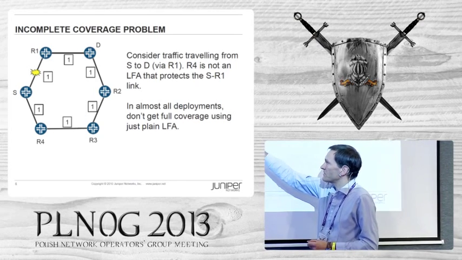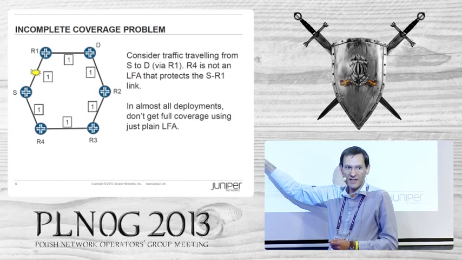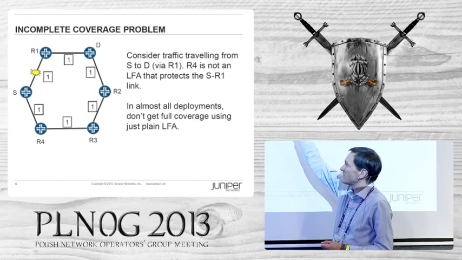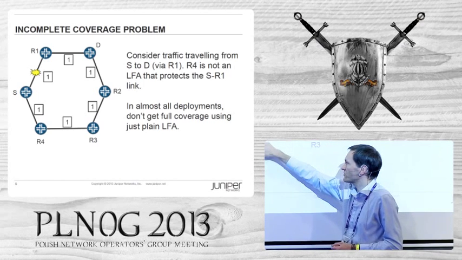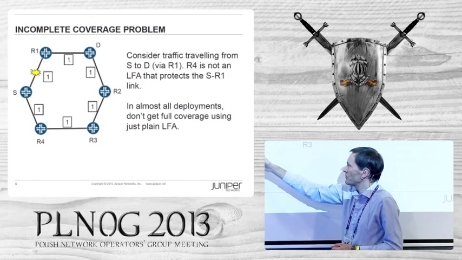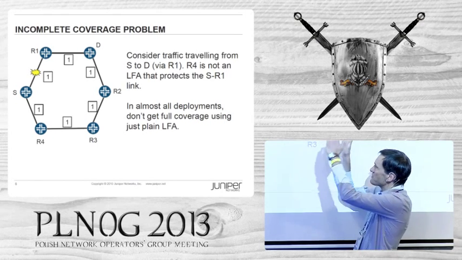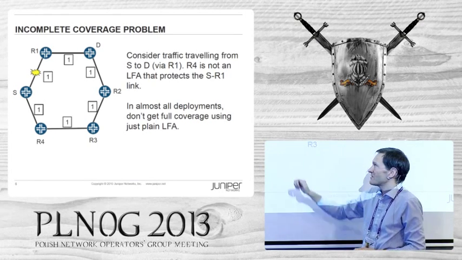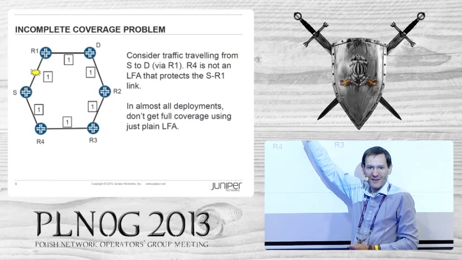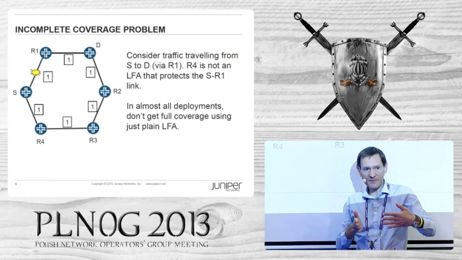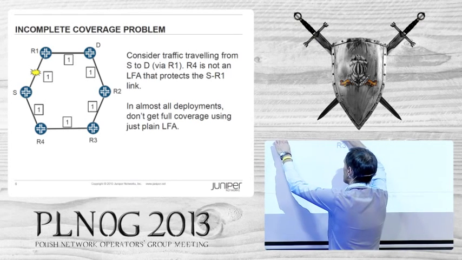And here you can see that S in fact does not have a valid loop-free alternate neighbor for traffic going to this destination D, because if he were to send the traffic towards R4, then from the point of view of R4, it has got 2 ECMP paths to the destination. It doesn't know yet that this link has broken because the IGP convergence takes a certain amount of time. And so in fact, half of the traffic would go this way around the ring, half this way.